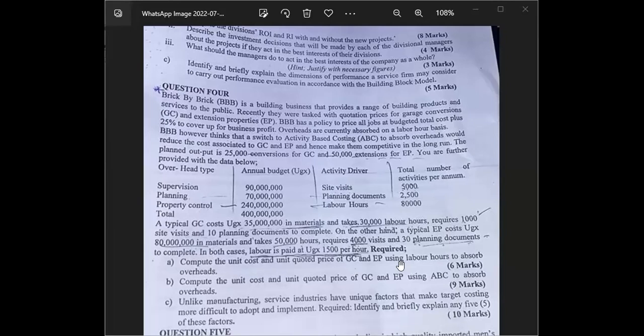So then they went on to say that overheads are currently absorbed on a labor hour basis. So whenever they say currently or previously or historically, just know it's TPC.